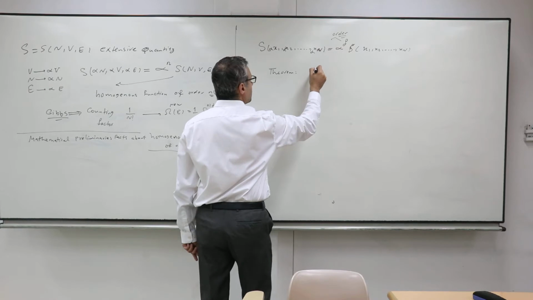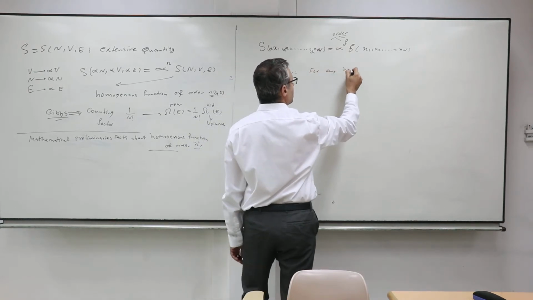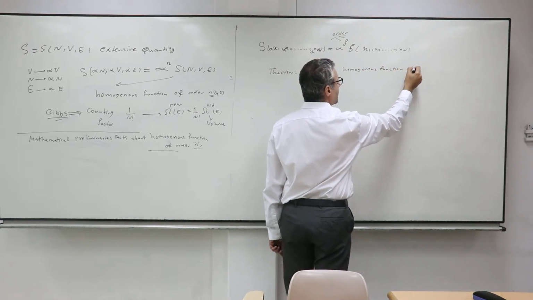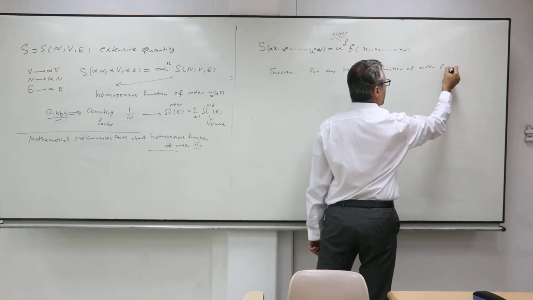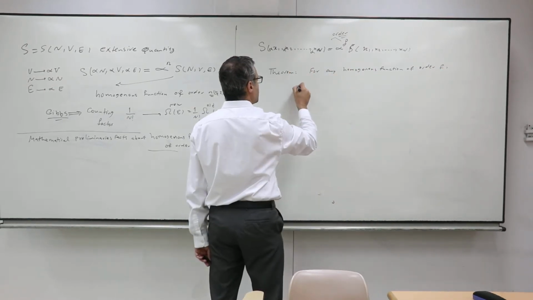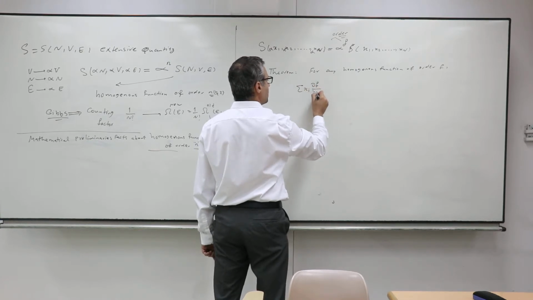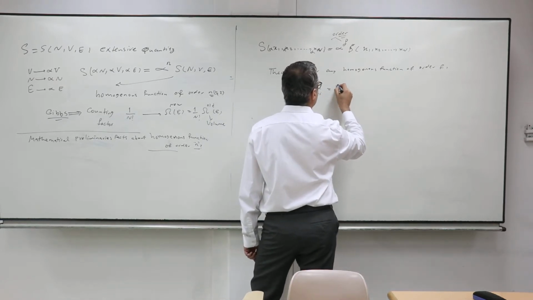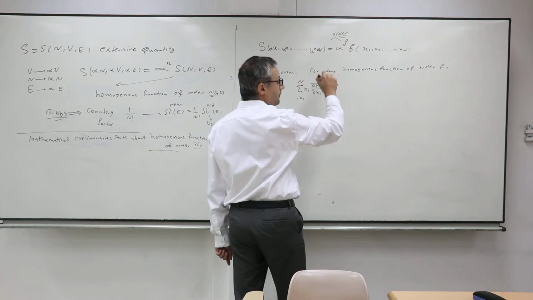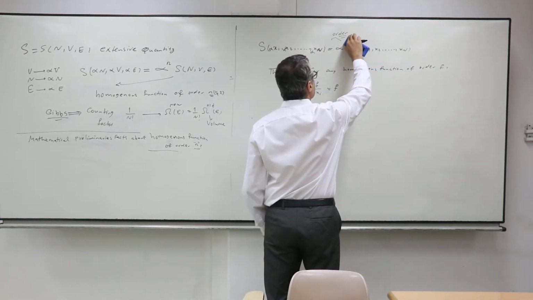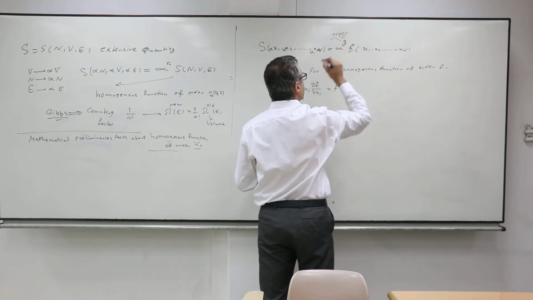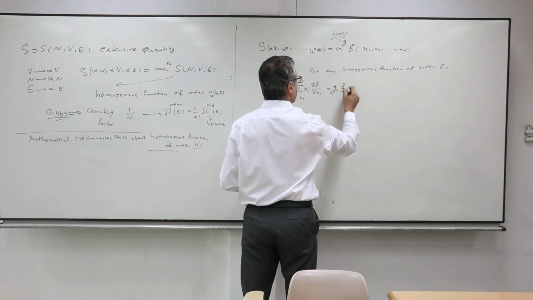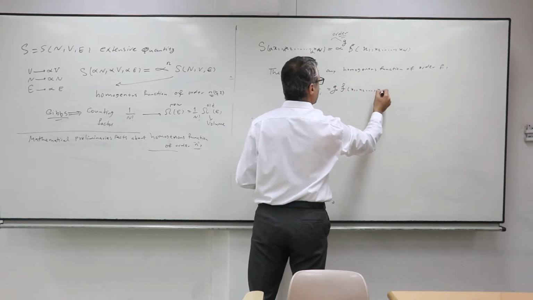The theorem is: for any homogeneous function of order g, you have this equation, the sum over i of xi times the partial derivative of S with respect to xi equals g times S. It will be very confusing, so let me write the order as g.